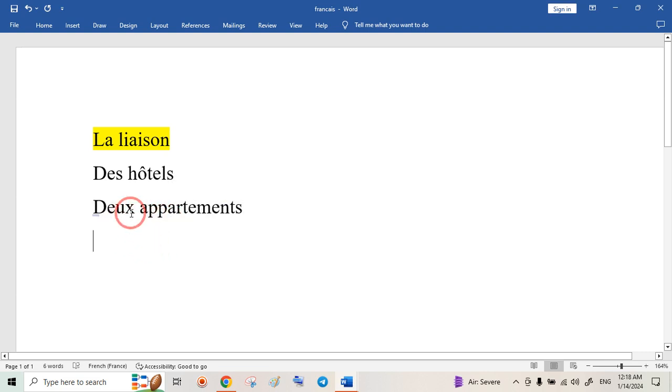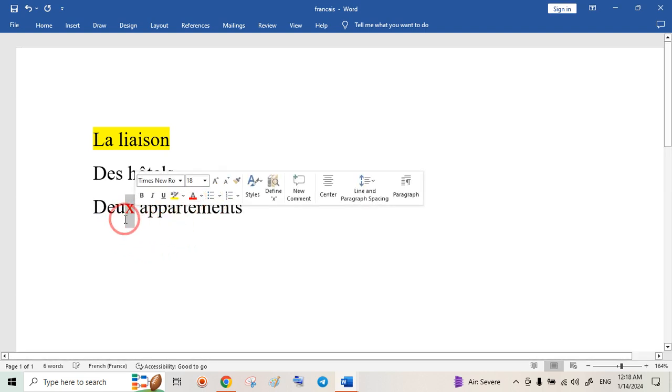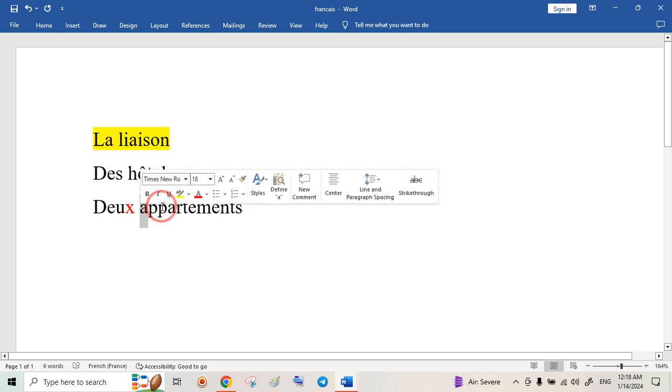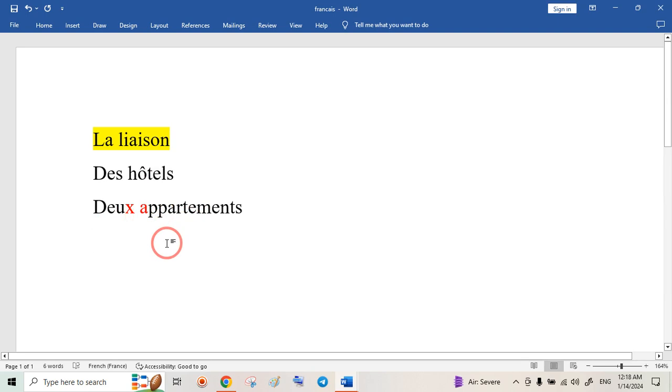Why? Because the first word ends in a consonant and the second word starts with a vowel. This is a consonant, or consonne in French. This is a vowel, or voyelle in French. So at the end of the first word you have a consonant, and at the beginning of the second word you have a vowel.